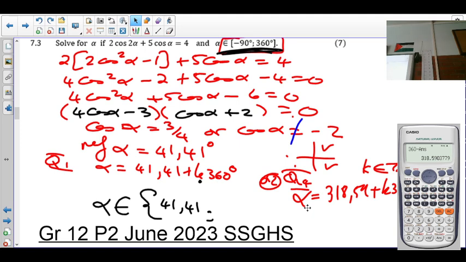And if we say 41,41 minus 360 is also a value far lower than negative 90, which I'm also not interested in. So let's go to the other branch. If I put 0 in k here, I'm going to get 318.59.